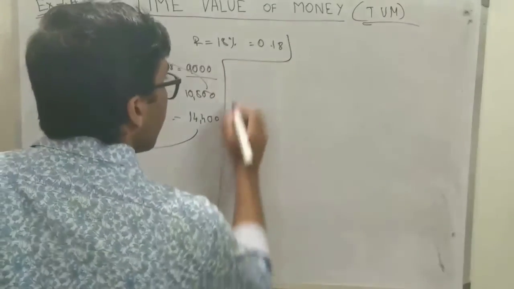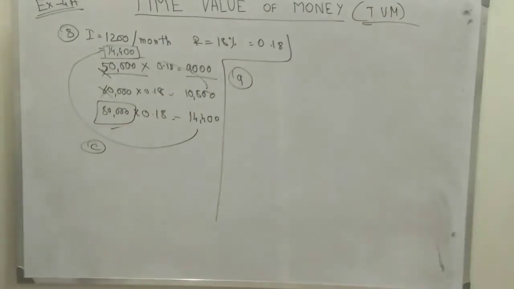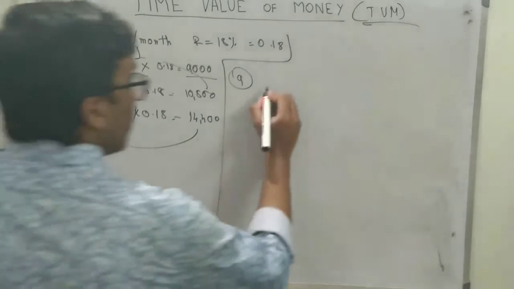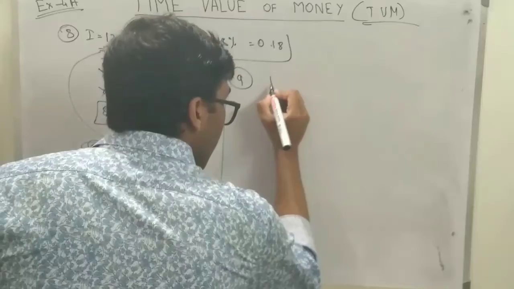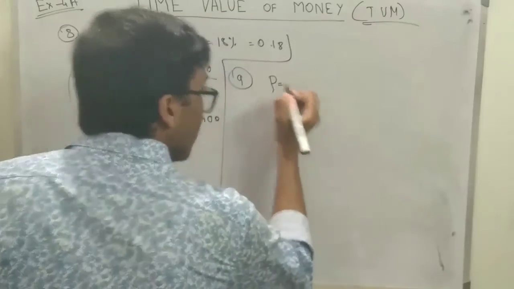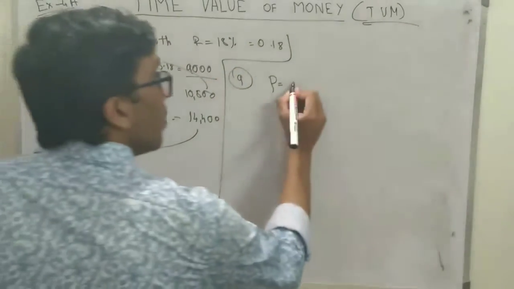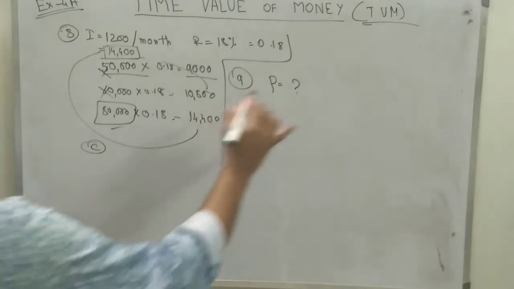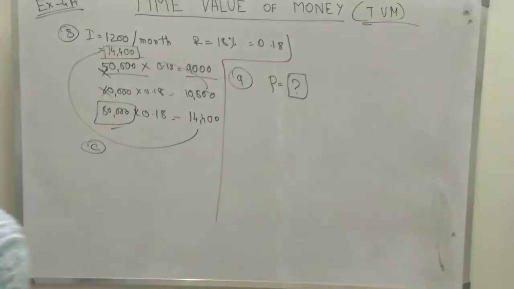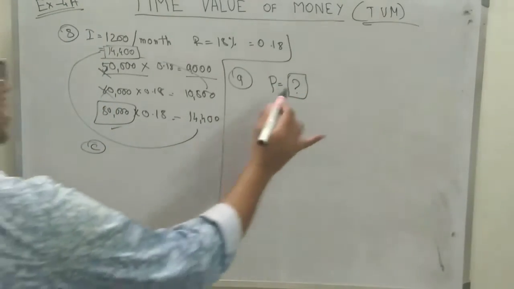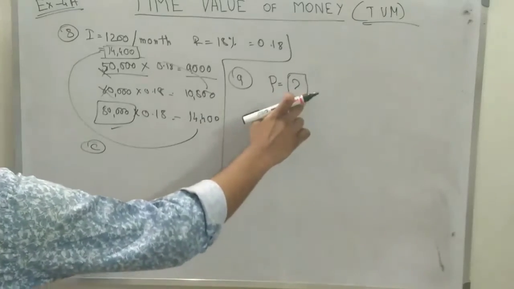Now question number 9. It is said a sum of money amounts to 6,200 in 2 years and 7,400 in 3 years. The principal and rate of interest are. Principal is not given. You have to calculate this. A sum of money is referred to as the principal amount.